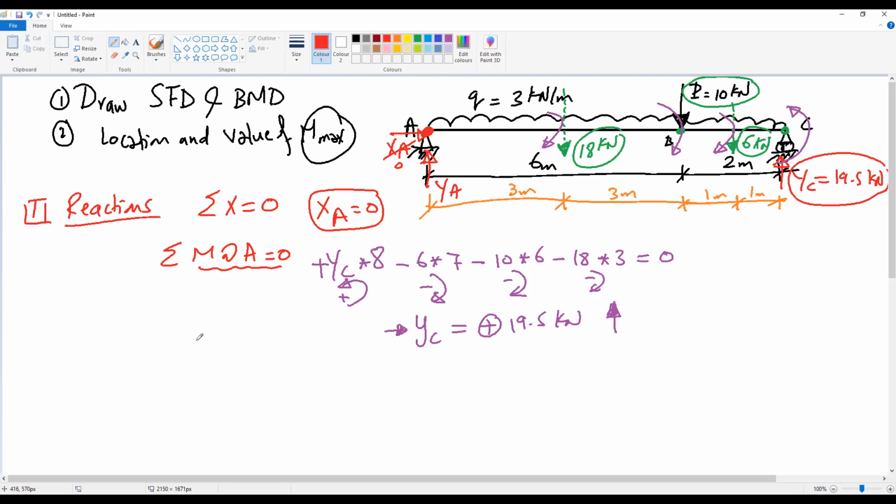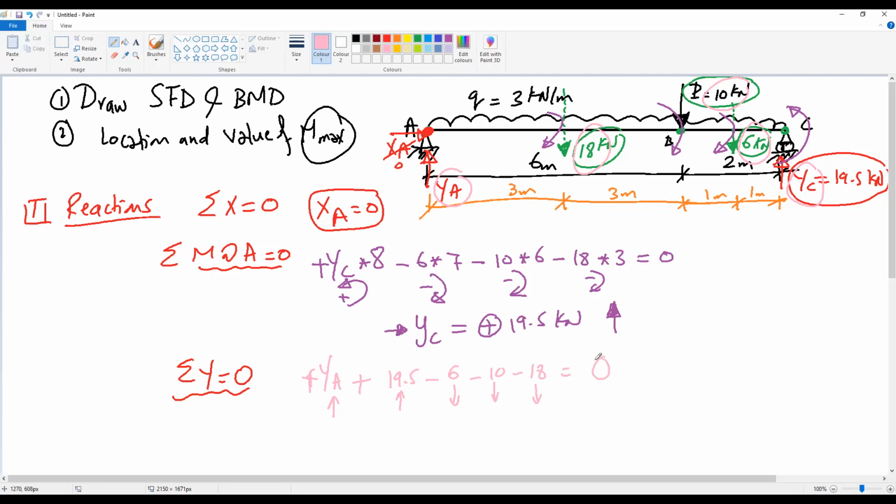To get YA, we apply the third equilibrium equation, summation Y equal to 0. How many loads do we have in the Y direction? We have YA, YC, 6, 18, 10. So if we apply this equation, we have YA going up positive, plus YC 19.5 going up positive, minus 6 going down, minus 10 going down, minus 18 going down.